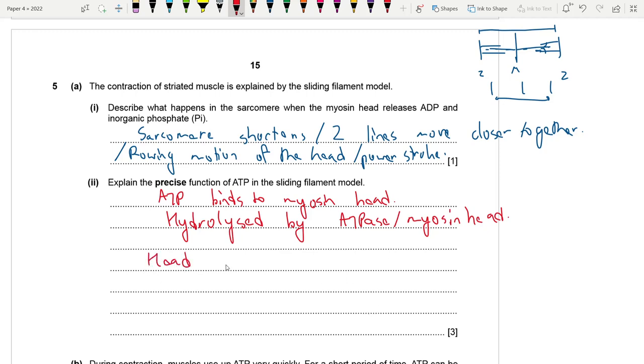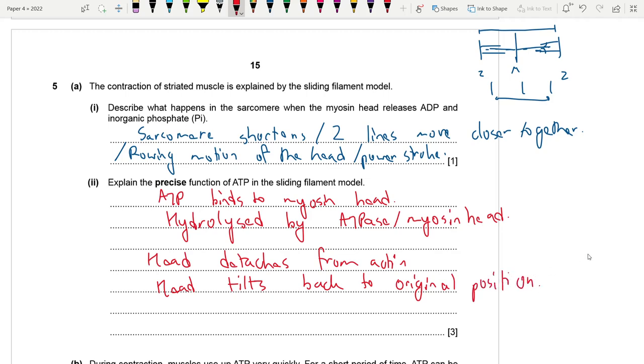Now the head detaches from actin and comes back, or tilts, back to its original position. So do you understand that the ATP is not used for the power stroke? ATP is used to release the myosin head from the actin so that it can come back to its original position. Okay.